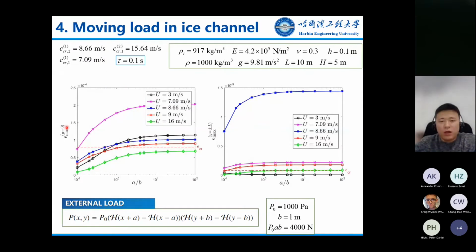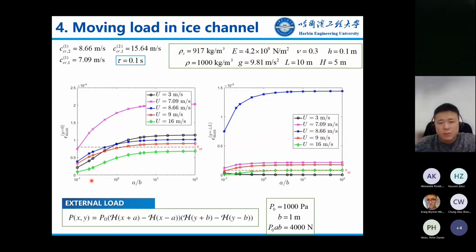For the maximum strain along the center of the channel and the channel walls, we can find that the maximum strain along the center of the channel is more obviously affected by the load aspect ratio at the first critical speed, while the maximum strain along the channel walls is more obviously affected at the critical speed for long waves.